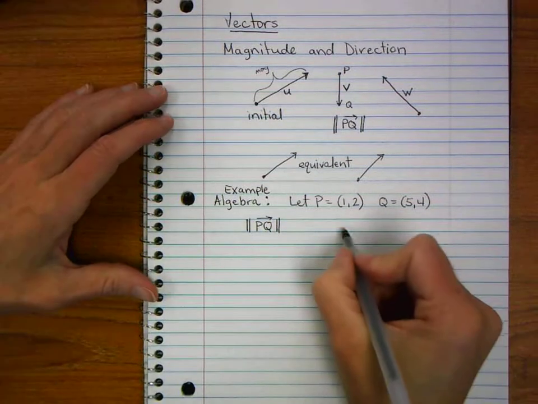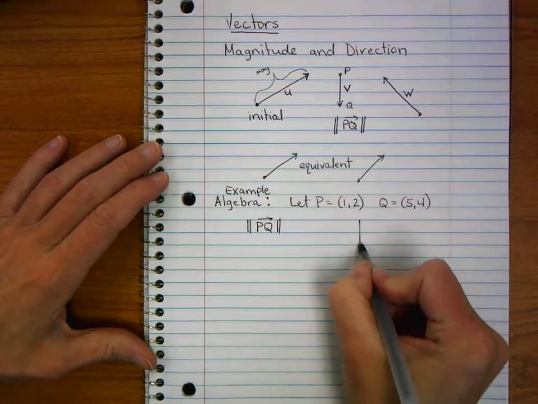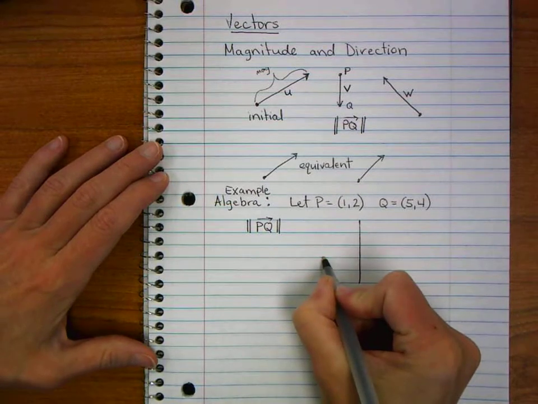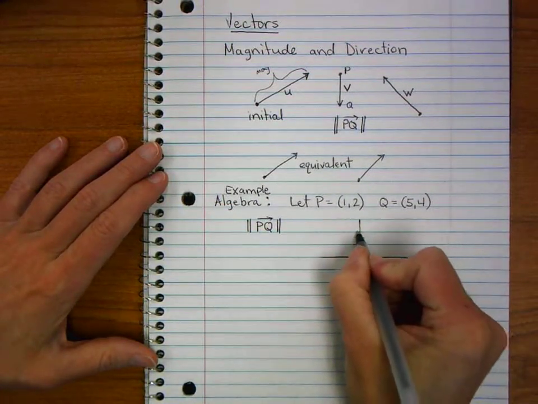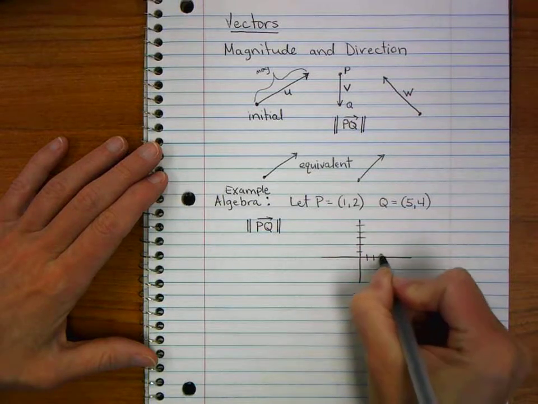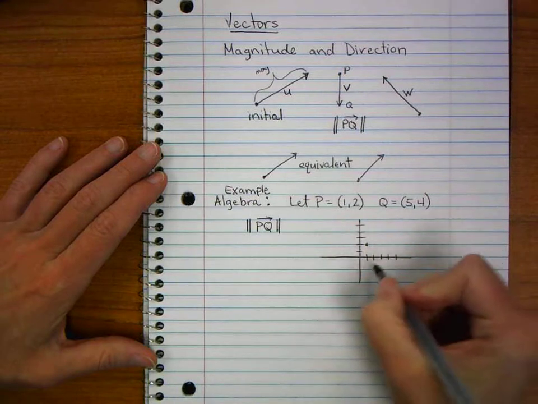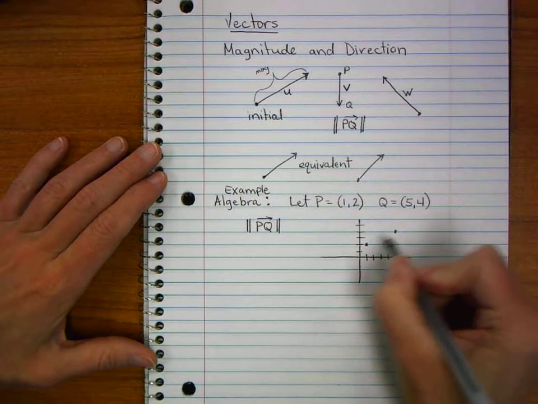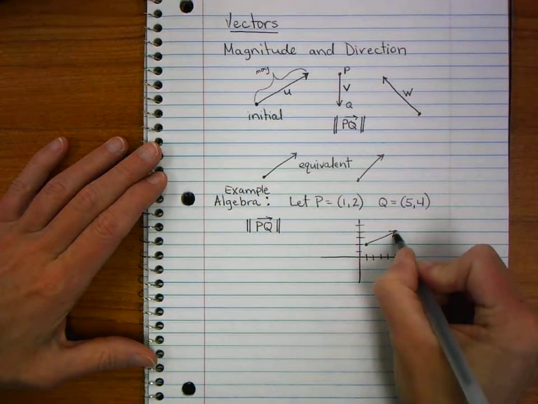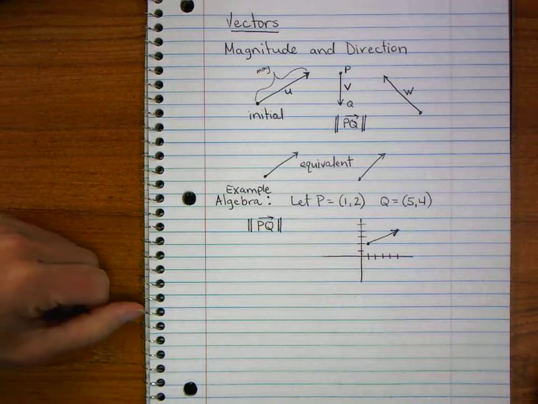Okay, so let's graphically look and see what we've got going on. So we have the point 1, 2, and we have the point 5, 4. This is our vector. And if we want to find its magnitude, basically what we're asking to do is find its distance.